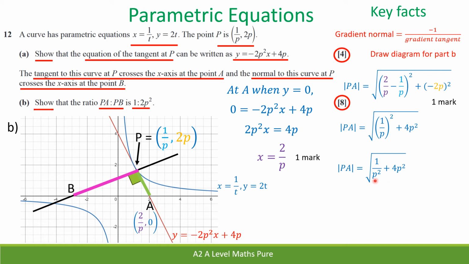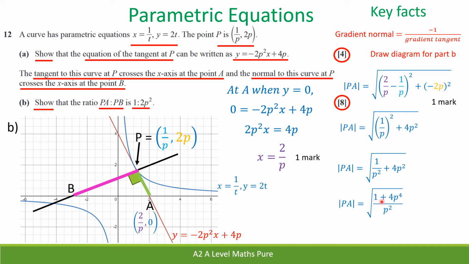From here, I'm just going to put these over a common denominator, so it makes it easier to cancel down later on. So both terms are going to go over p squared, which means I need to multiply this second term here by p squared. So the 4p squared times p squared gives me 4p to the 4. If I cancel this down, 4p to the 4 divided by p squared leaves me with 4p squared. And the 1 over p squared is the same 1 over p squared.